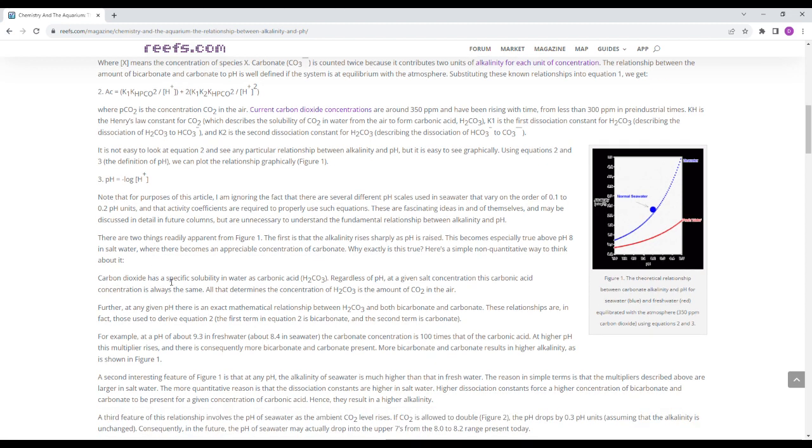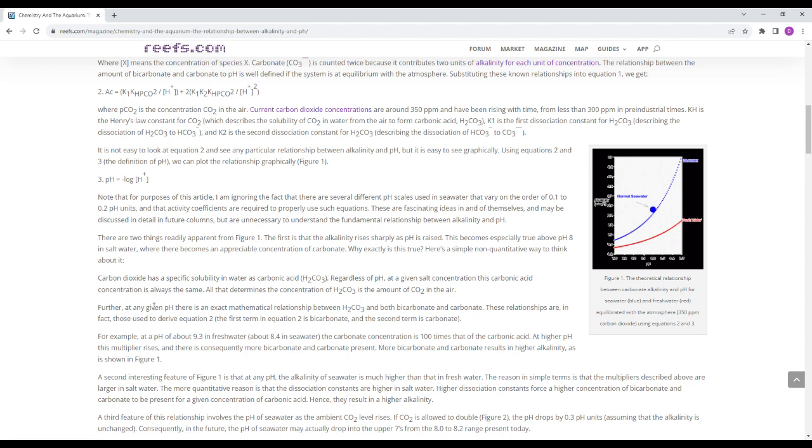Carbon dioxide has a specific solubility in water as carbonic acid. Regardless of pH, at a given salt concentration, this carbonic acid concentration is always the same. All that determines the concentration of carbonic acid is the amount of CO2 in the air.